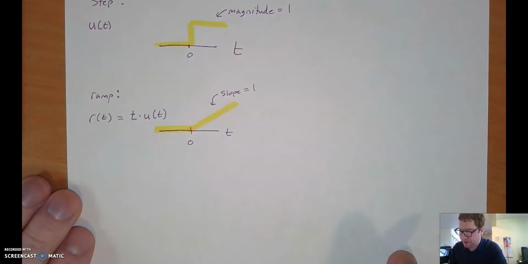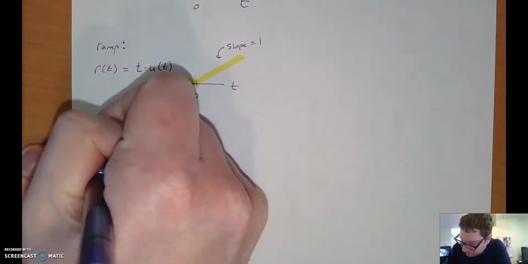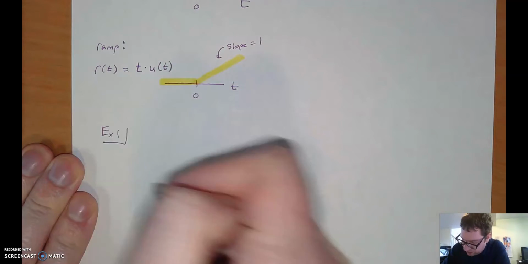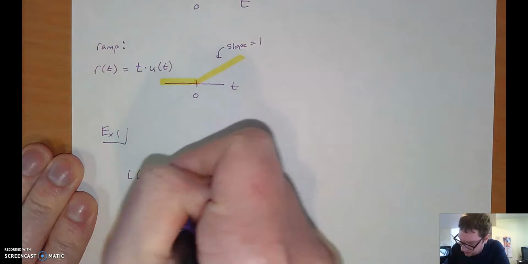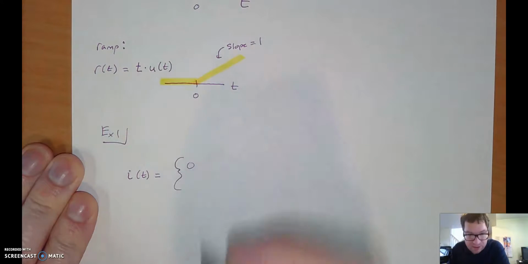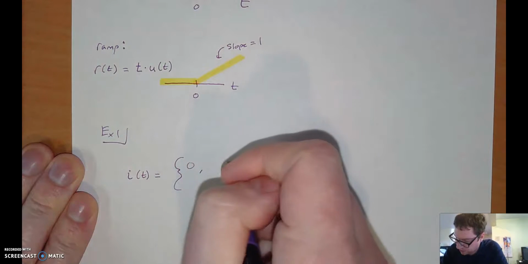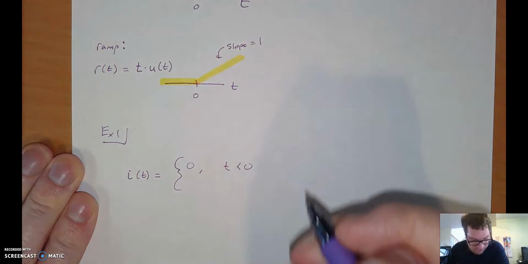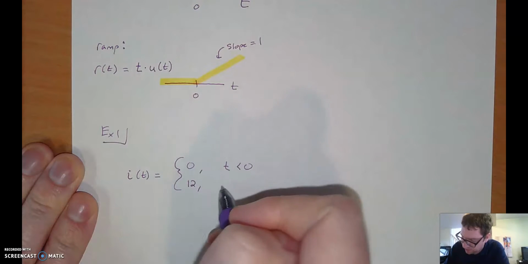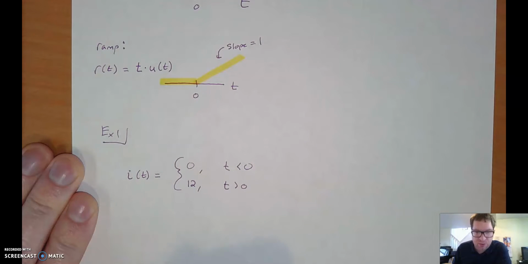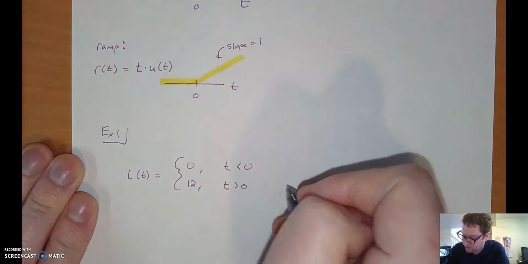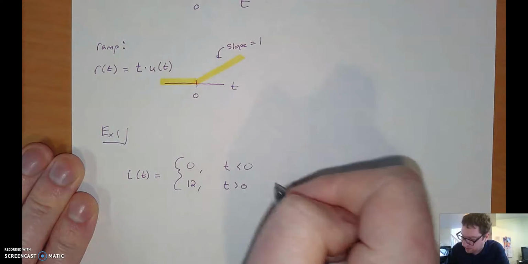We have the following information: i of t is equal to 0 for all time less than 0, and it is 12 for all time greater than 0. What happens at 0 isn't super important. You could assume that it's halfway between, or you could say it's discontinuous. It's not a really big deal. This is how you might write it, like a piecewise.